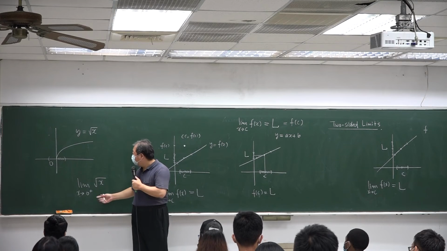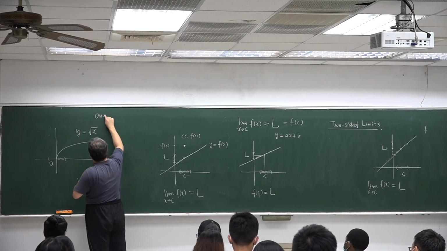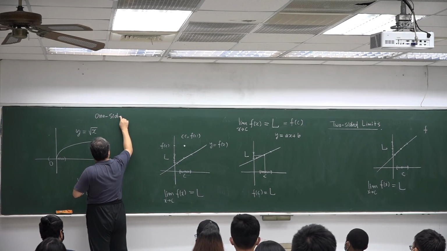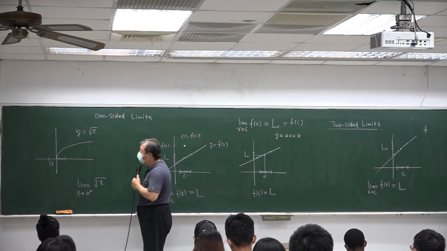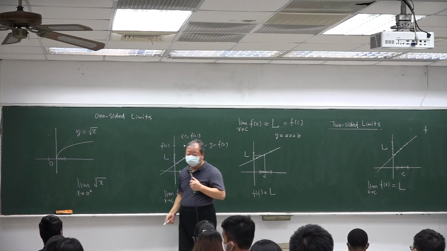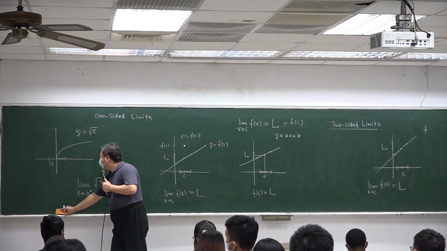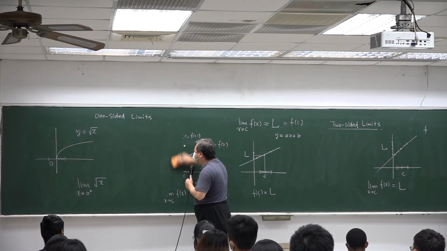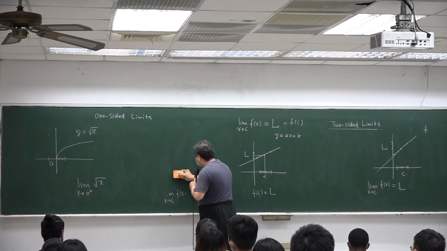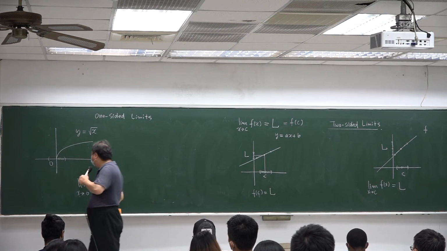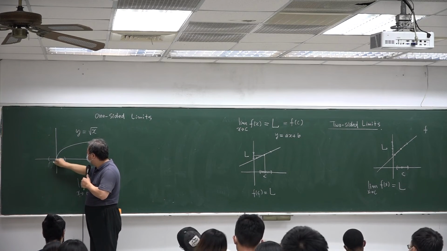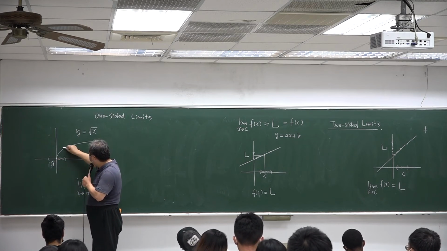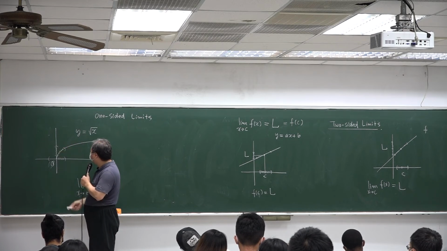So we have this so-called one-sided limits. Okay? In this case, we have considered a neighborhood of the origin 0, then the behavior of the function looks like this.